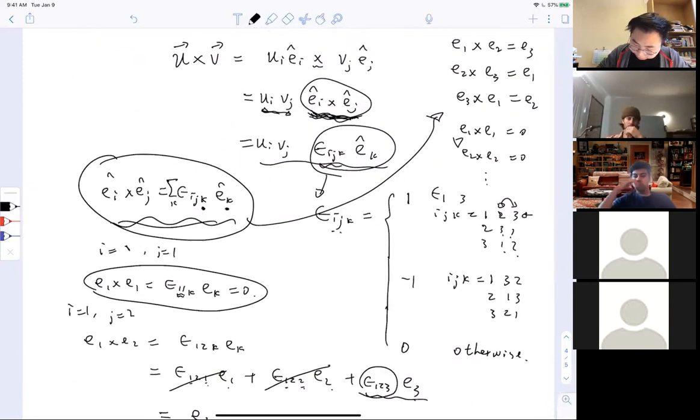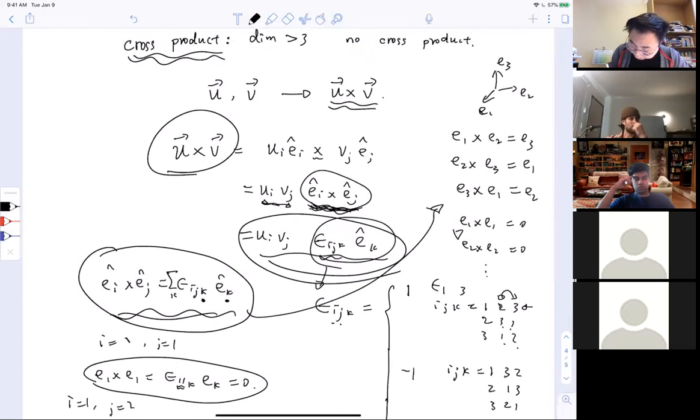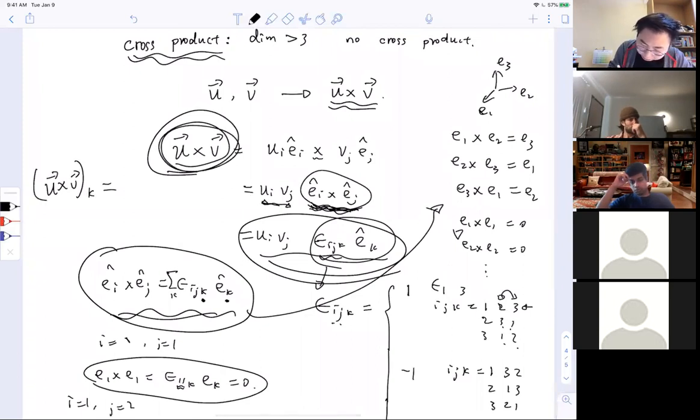So from this notation, you can say the k component of this vector is actually u_i v_j epsilon_ijk, right?